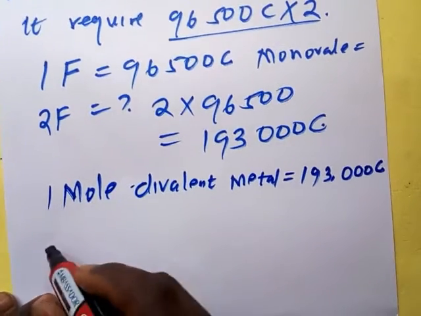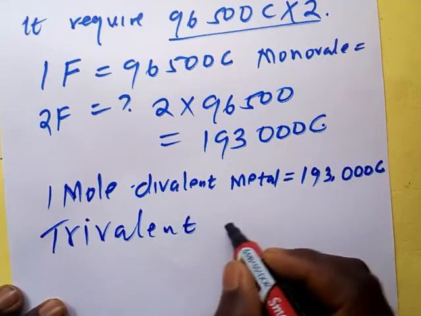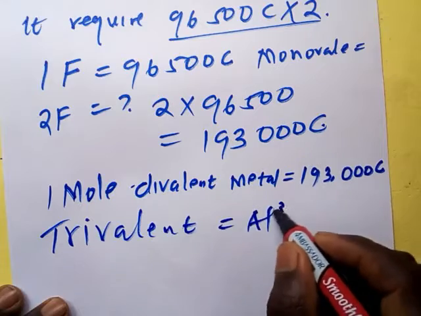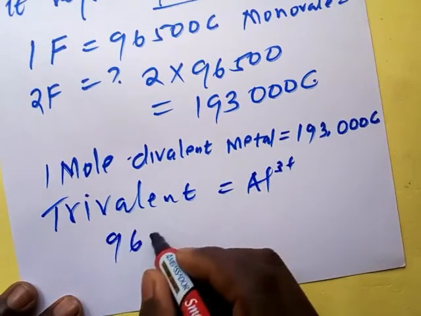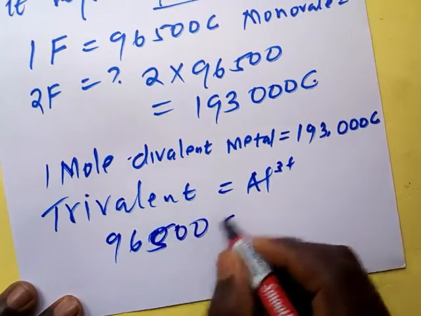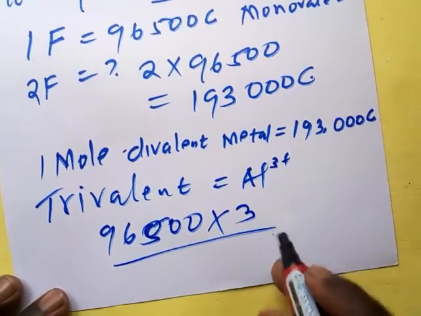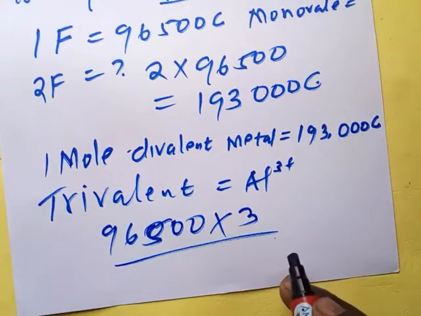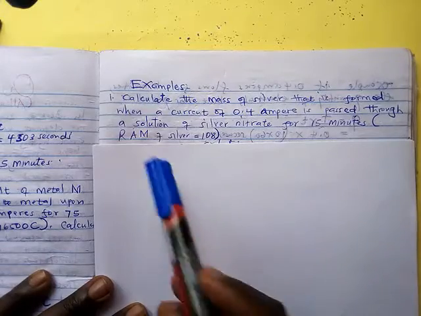If it is a trivalent, such as aluminium, which is 3 positive, it means it will contain 96,500 coulombs times 3. Very important to note.